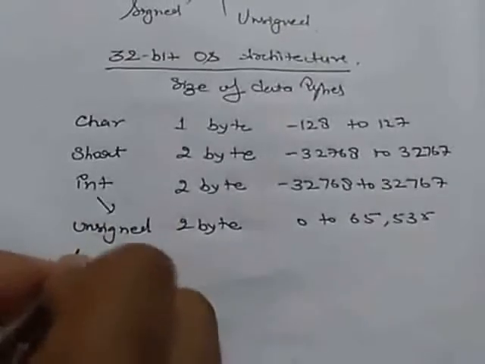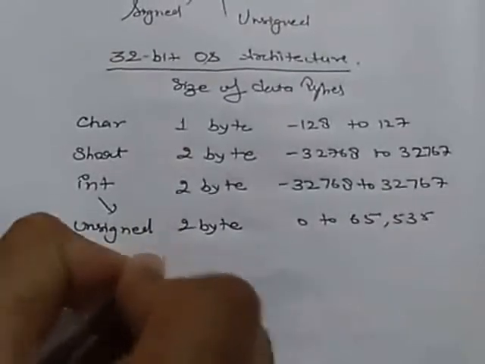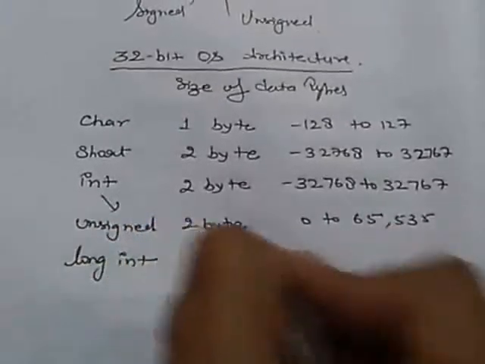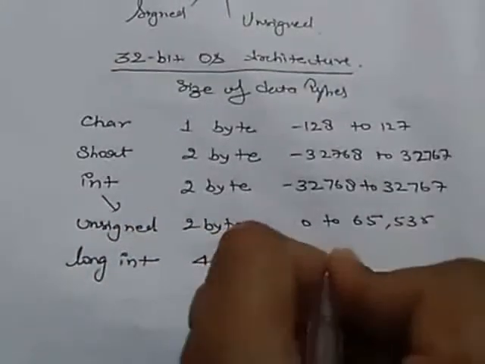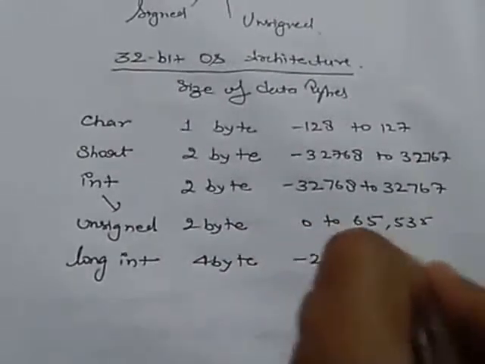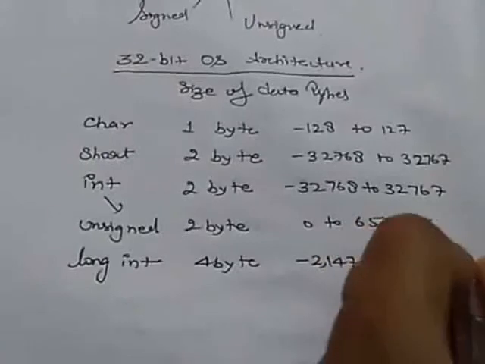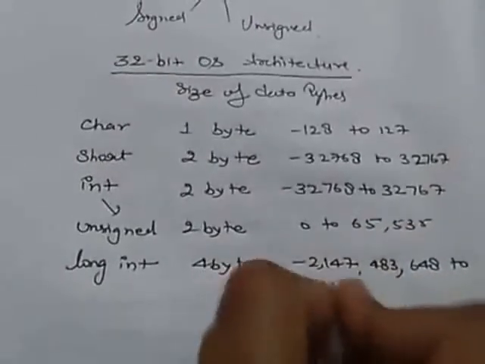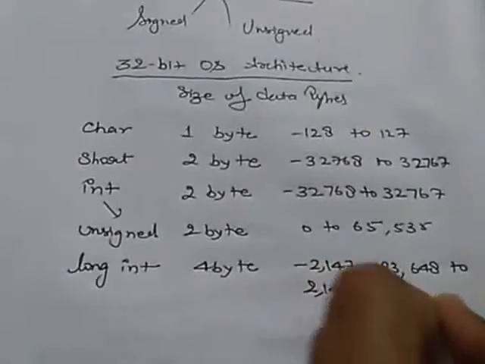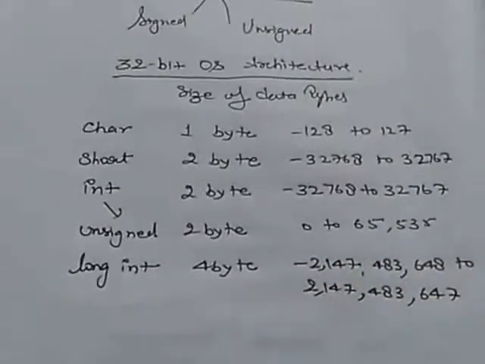Now we have long integer. Long integer will take 4 bytes of memory and its range is from -2147483648 to 2147483647.